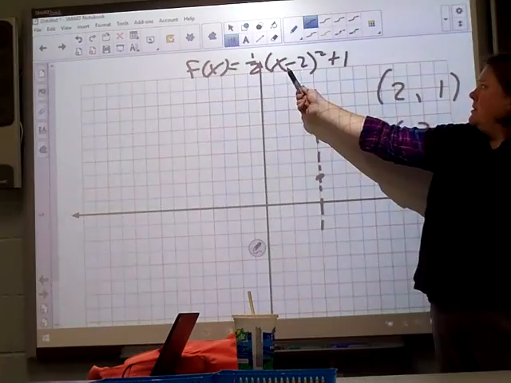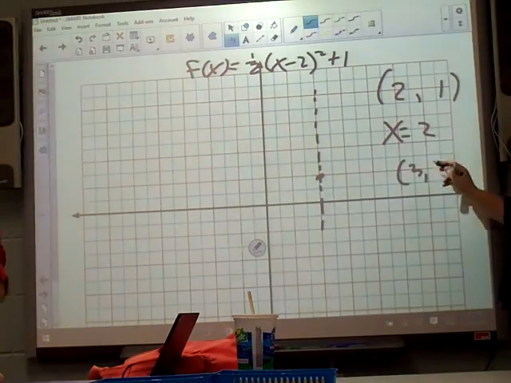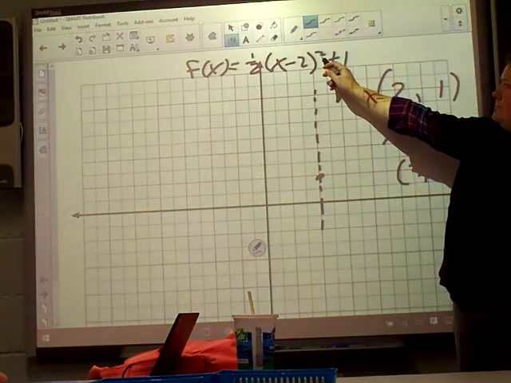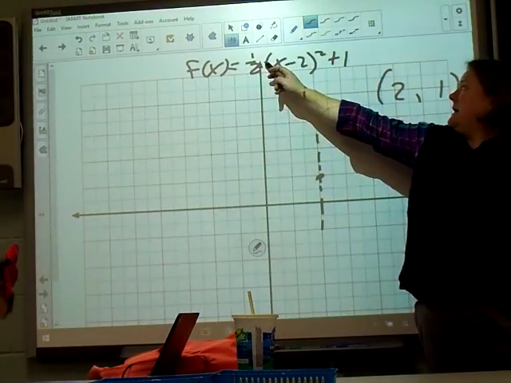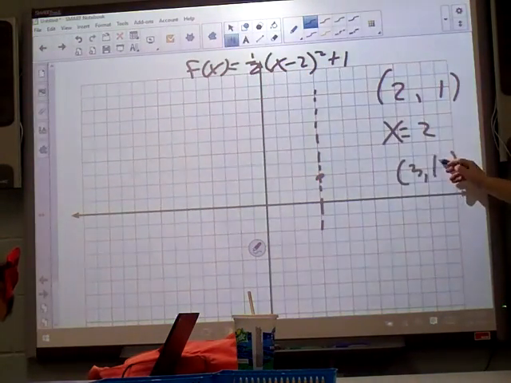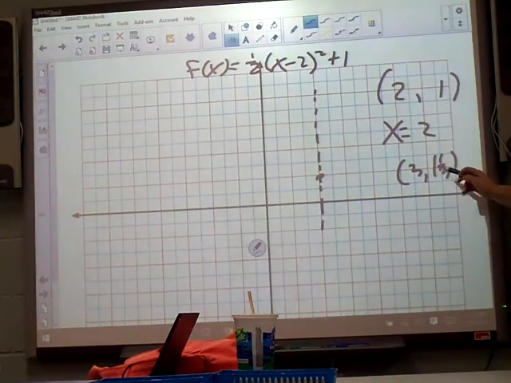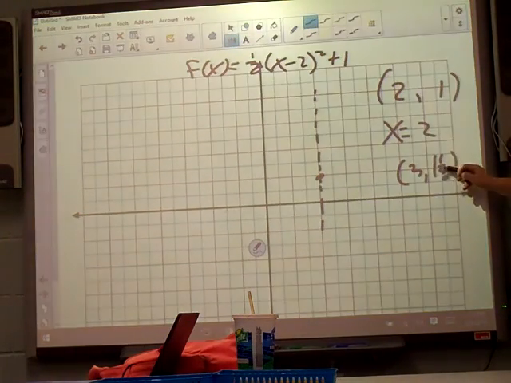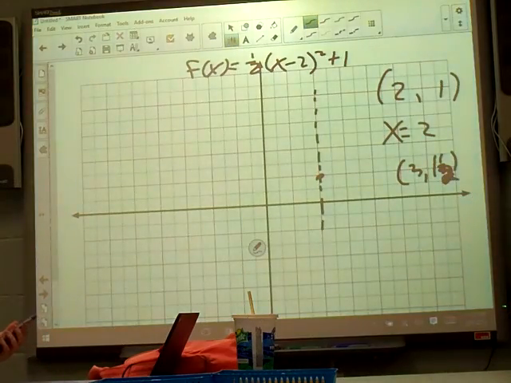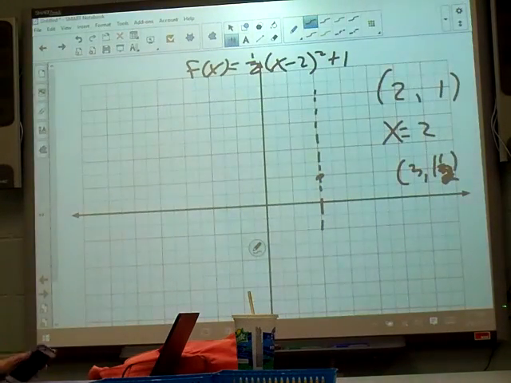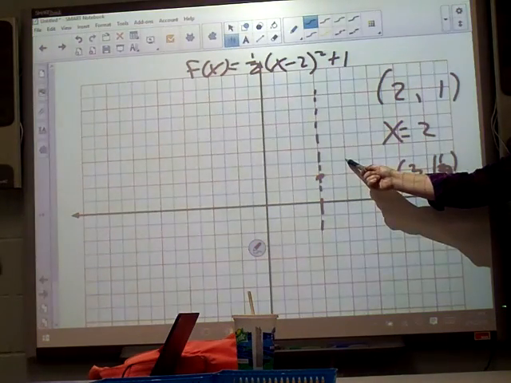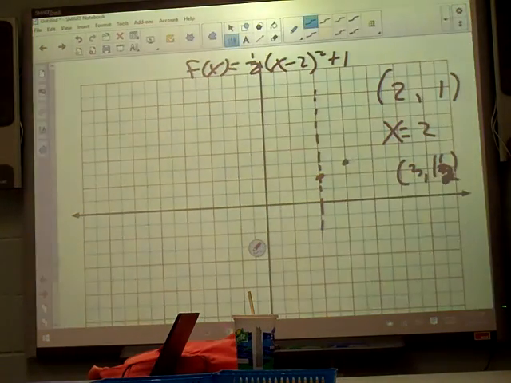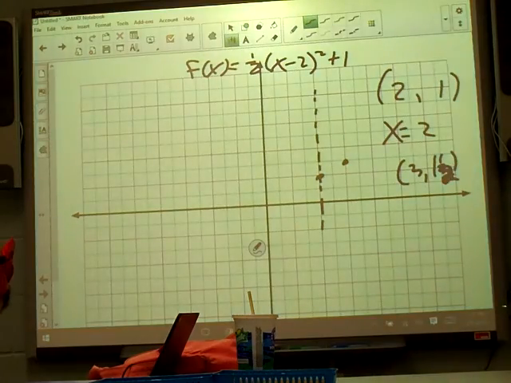Let me write down what I'm doing so I don't forget it. 1 squared is 1. Times a half is a half. And a half plus 1 is 1 and a half. Or you could write 3 halves. I was thinking 3 halves and I put a 3. 1 and a half. So 3, 1 and a half. It's easy for me to do halves because I got fancy graphic paper up here.